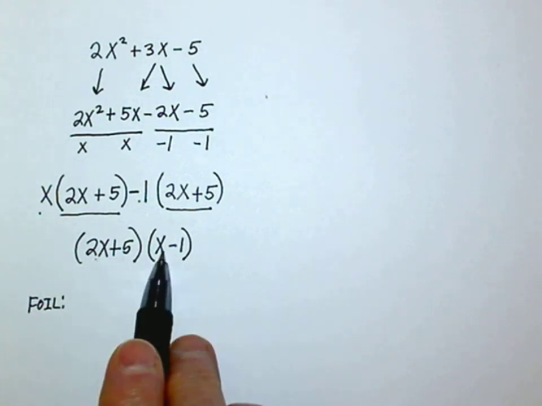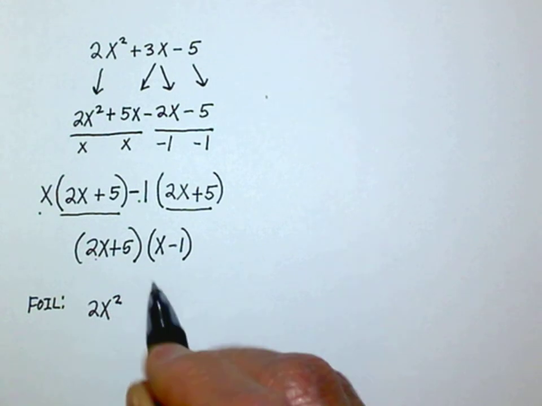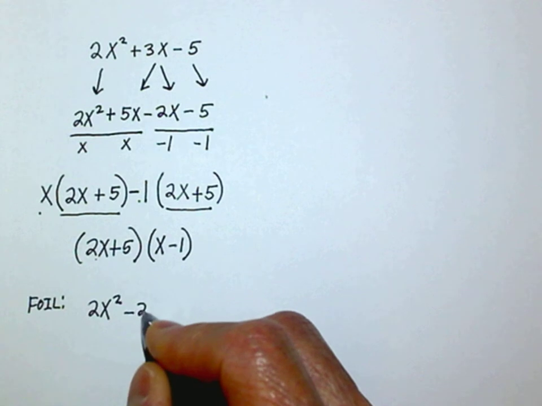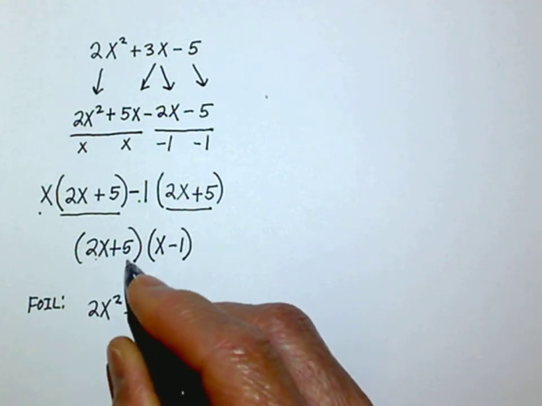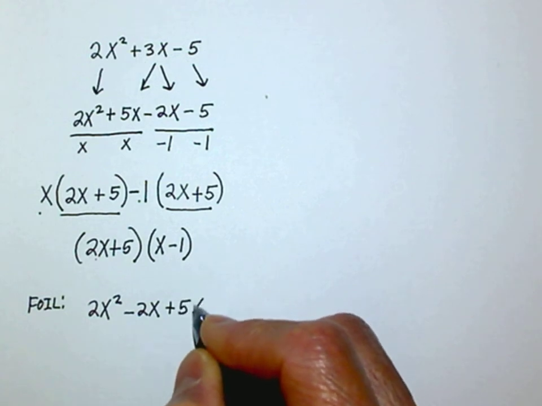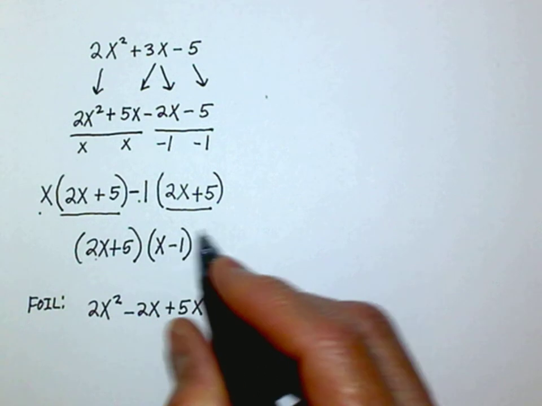2x times x is 2x squared. 2x times negative 1 is negative 2x. 5 times x is 5x. 5 times negative 1 is negative 5.